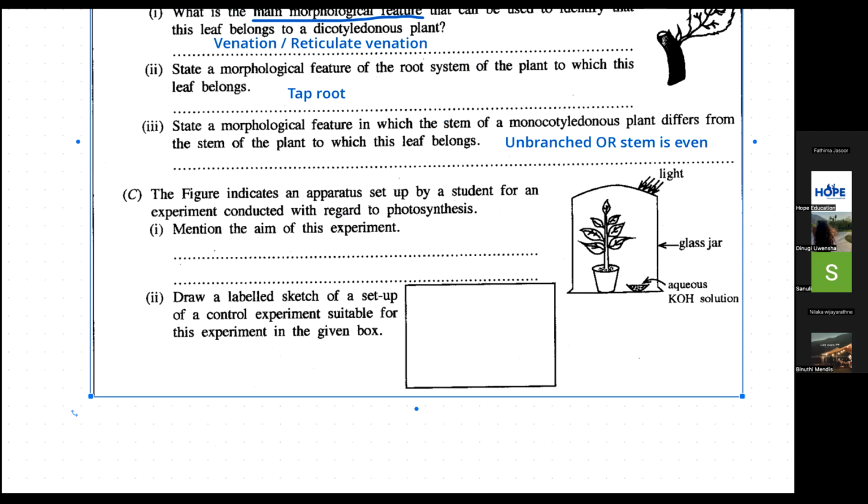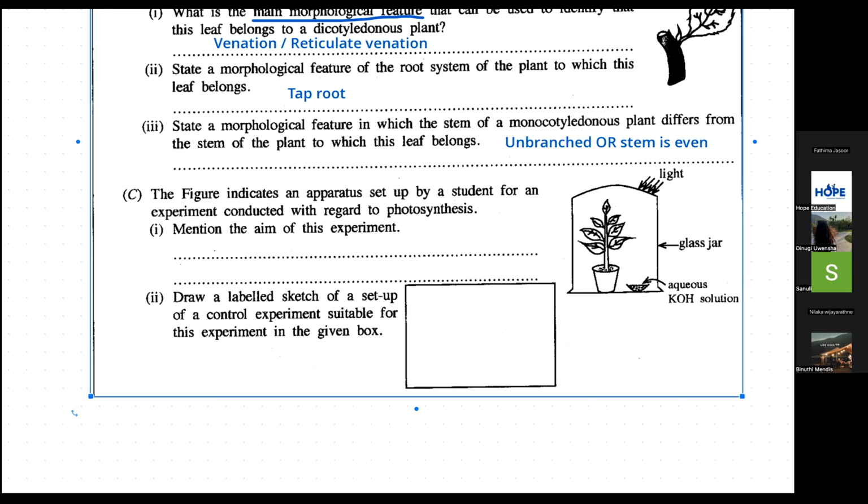What do you think is the purpose? Okay, Sanuli. Others?